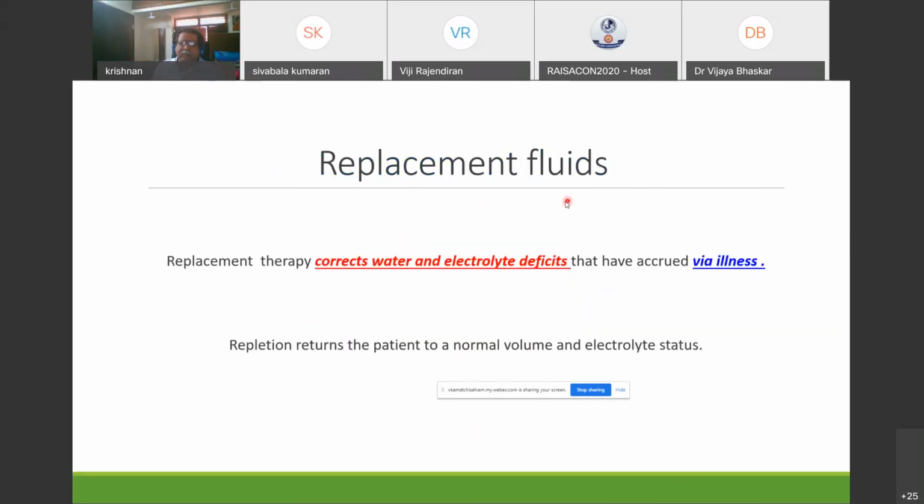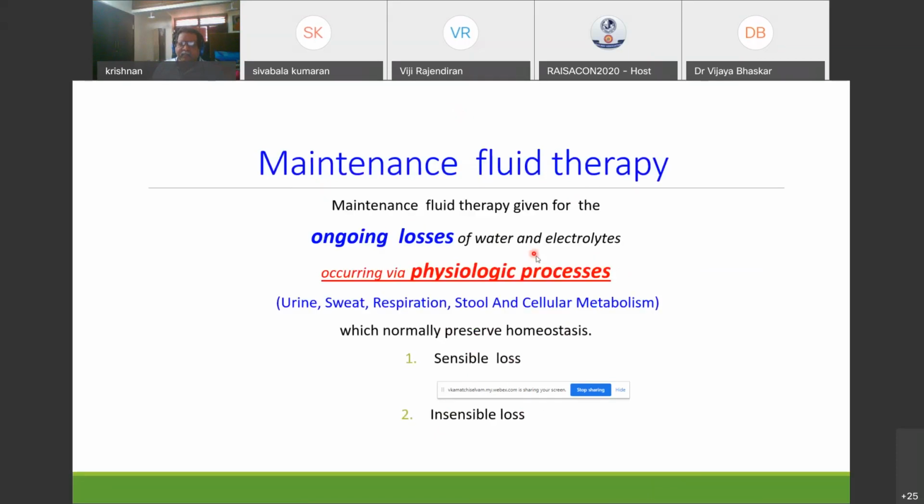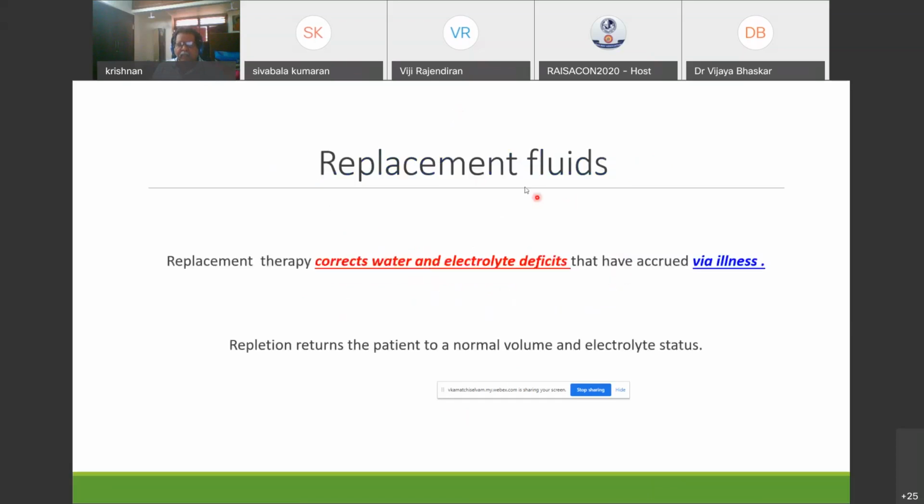Next part is replacement fluid. Maintenance, we said, is loss occurring due to physiological process where there is no pathology involved. Replacement is replacing fluid, water and electrolytes lost due to any illness, say diarrhea or intestinal obstruction or blood loss, or the patient is fasting for a very long time.